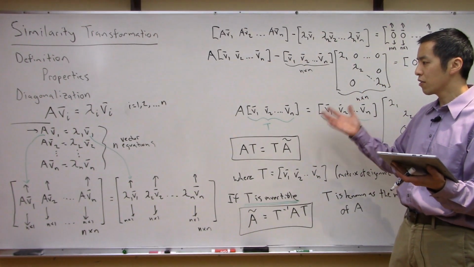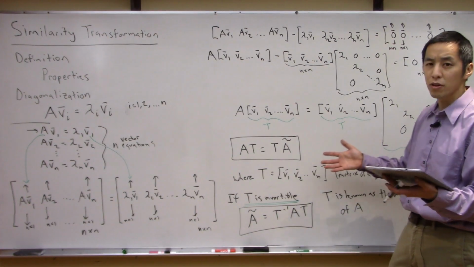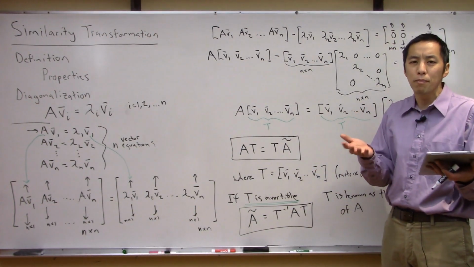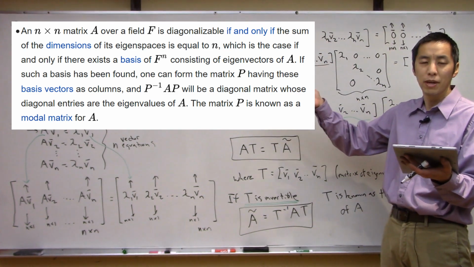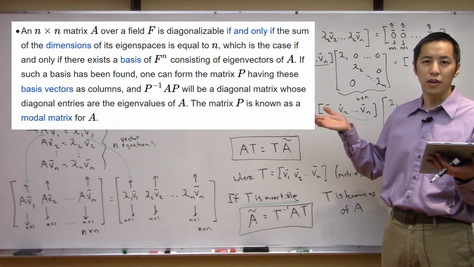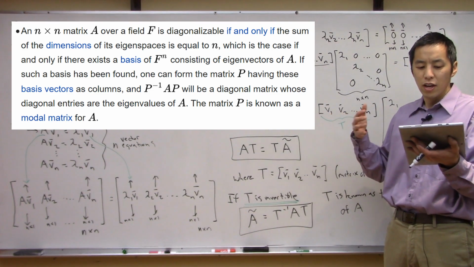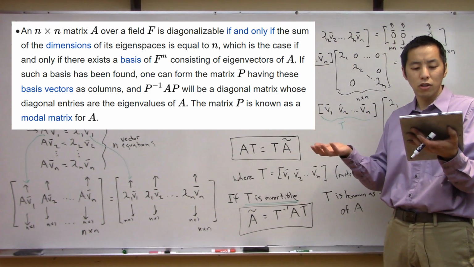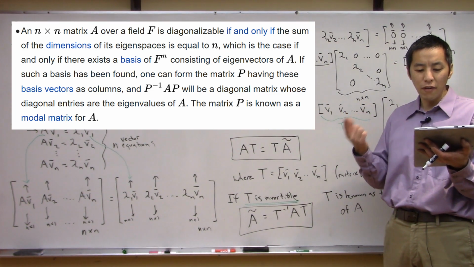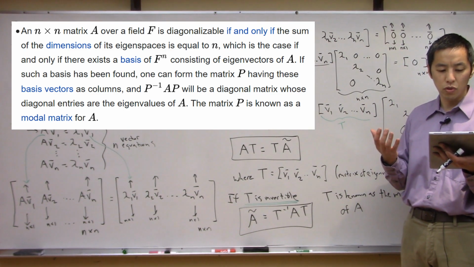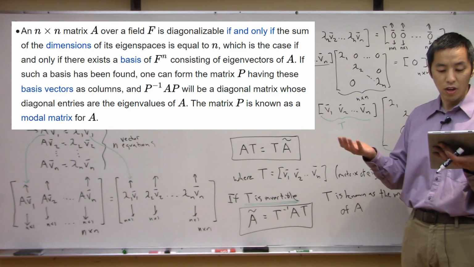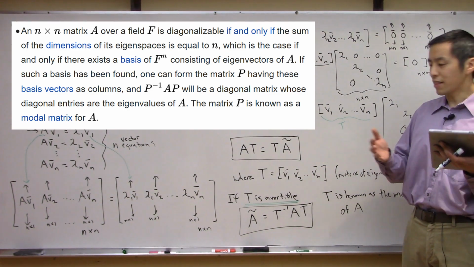So again, this might help us understand. For example, if you look at the Wikipedia page on diagonalization, in fact, here I'll flash up a screenshot of the text there. It says basically that a square matrix is diagonalizable if and only if the sum of the dimensions of its eigenspaces is equal to n, the full space. So that's exactly what we're talking about.